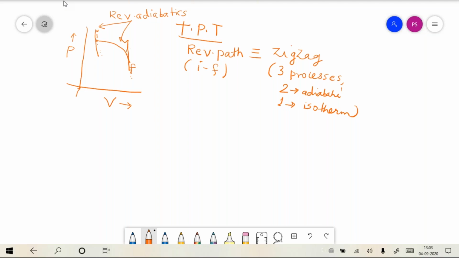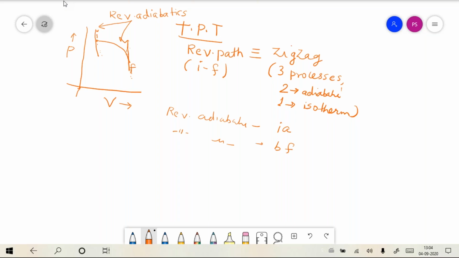Let me call this reversible adiabatic IA, and another reversible adiabatic BF.